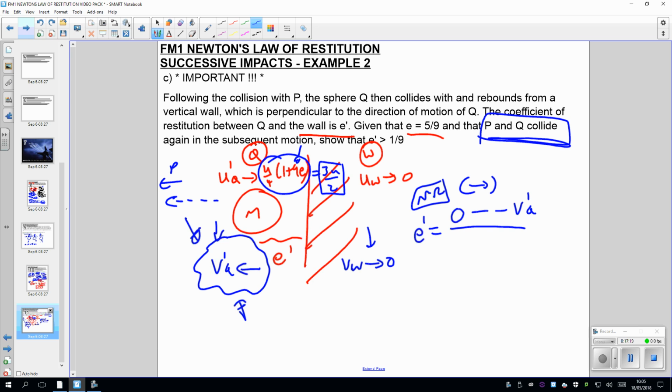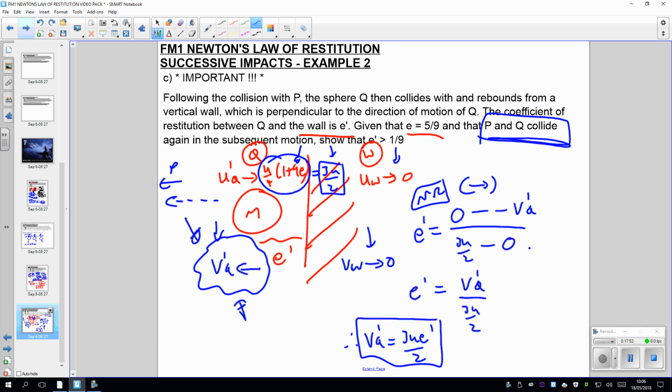We've got speed of approach now, the difference of. What's the fastest going to the right? Well, it's this 3U/2. Take away this one going to the right, 0. All right? So I get E prime is VQ prime over 3U/2. Okay, cool. And therefore, I get VQ prime must be 3U E prime over 2. That's good.